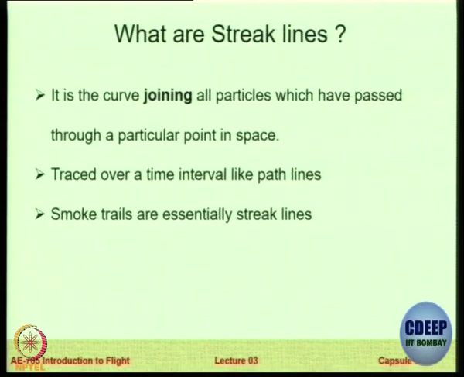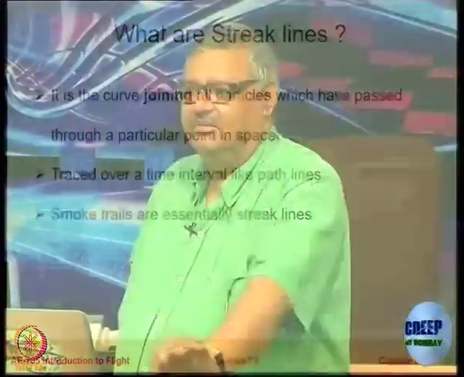So go back again to our Eulerian policeman. He or she is standing at the IIT main gate. So whichever car is going through that person, you just tag those particles. Now forget about that person.